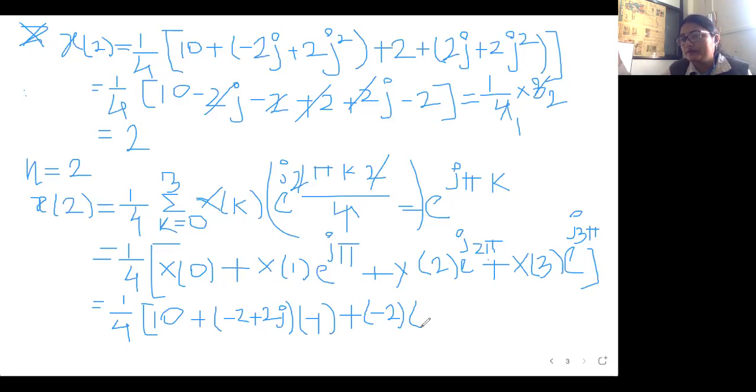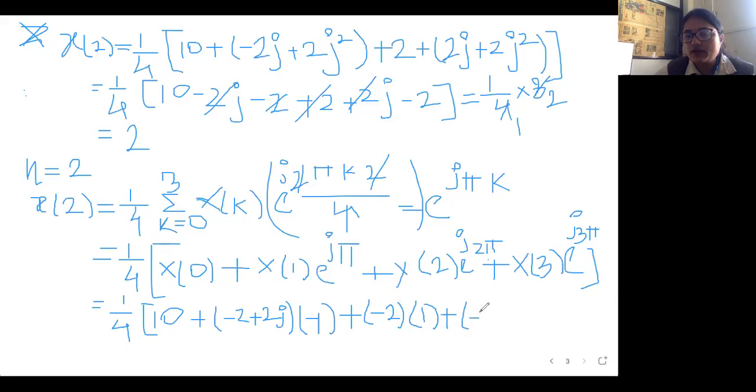All the values of sine at integer multiples of pi are always equal to 0. So sin 2 pi is also 0, and 0 multiplied by j is 0. Only one term remains, that is cos 2 pi. What is the value of cos 2 pi? It is 1, right? It is equal to 1, plus the next value, x of 3.